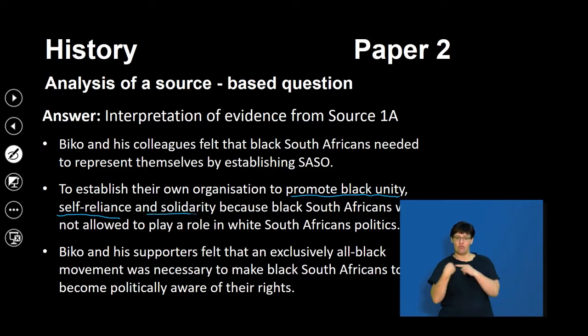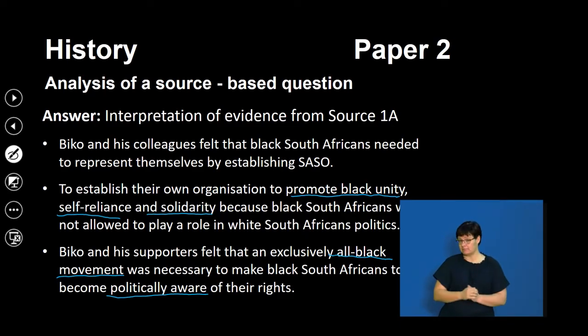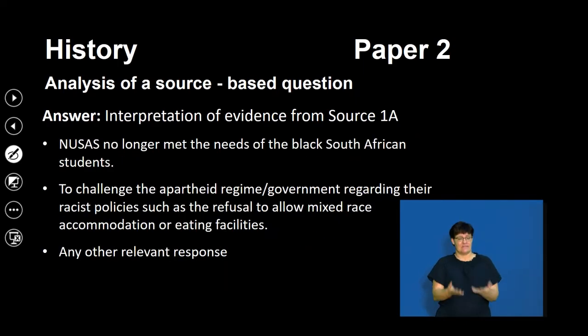Self-reliance, solidarity, because black South Africans were not allowed to play a role in white South African politics. Biko and his supporters felt that an exclusive all-black movement, again, you will have seen this in the source, was necessary to make black South Africans politically aware of their rights. So all those are important things that you are going to give in your answer.